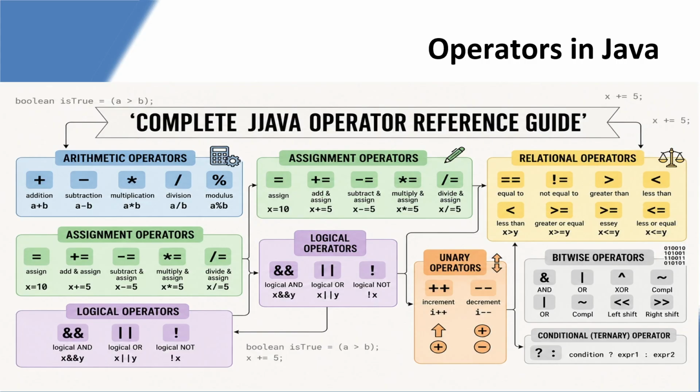In this video, we will learn about operators in Java. Operators are special symbols that help us perform different operations on data and variables.